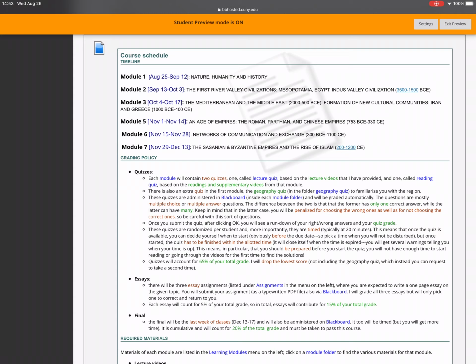In the first module, we will have a supplementary, another quiz, which is a geography quiz. So it is very important that you familiarize yourself with the geography of the world that we live in. As some of you have gone and checked my student evaluations, you see that they have said, be sure to know your geography.